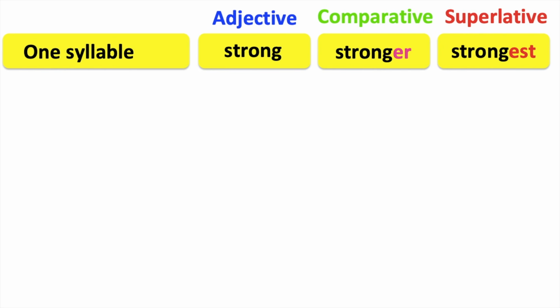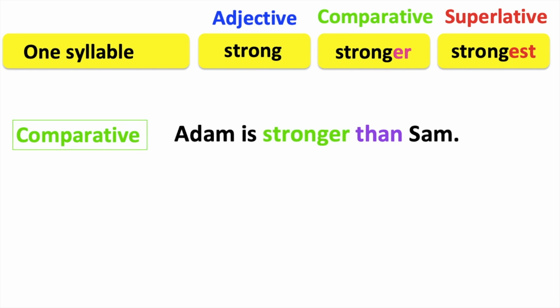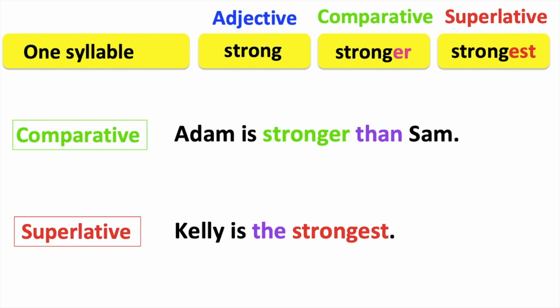For one-syllable adjectives, the rule is to add er when forming the comparative and est when forming the superlative adjective. For example, Adam is stronger than Sam. Here, I'm comparing two people. Kelly is the strongest.